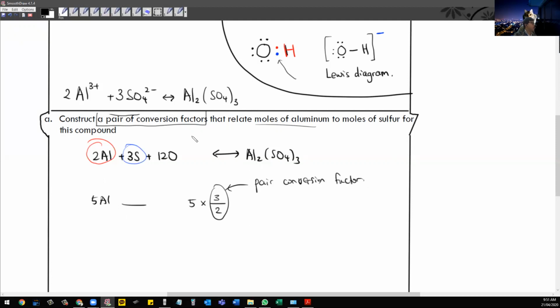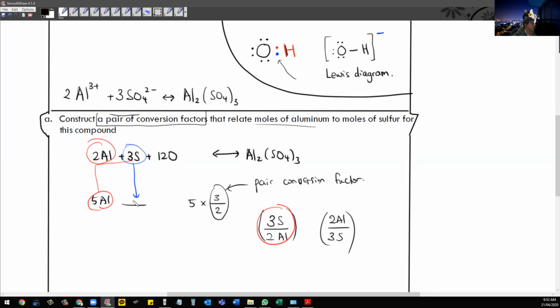So the answer to this one is 3 sulfur over 2 aluminium. Make sense? Yeah. Or you can write 2 aluminium over 3 sulfur. Doesn't matter. But obviously, if you're going from here to here, then you've got to use this one, right? Yeah. You've got to times 5 by this one.